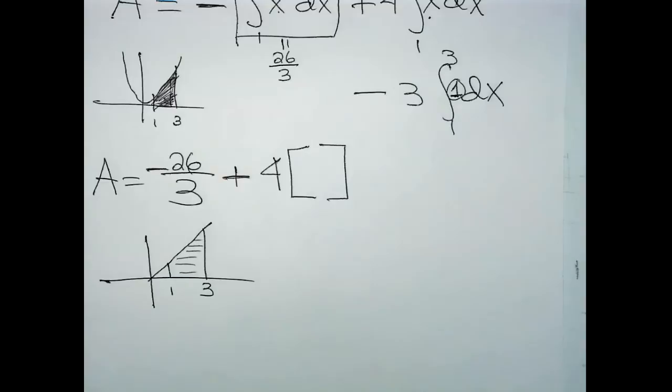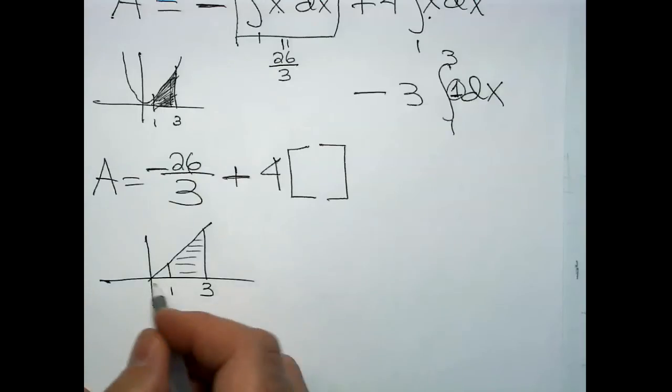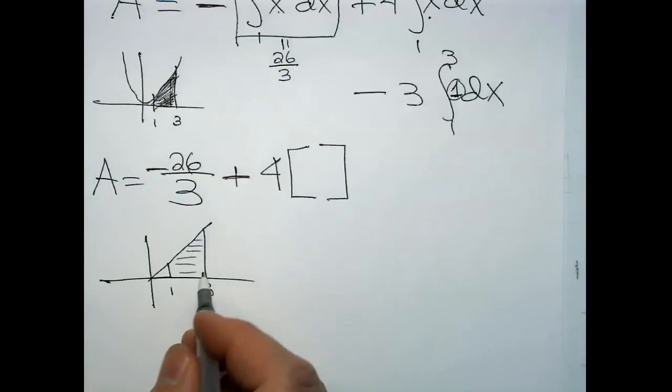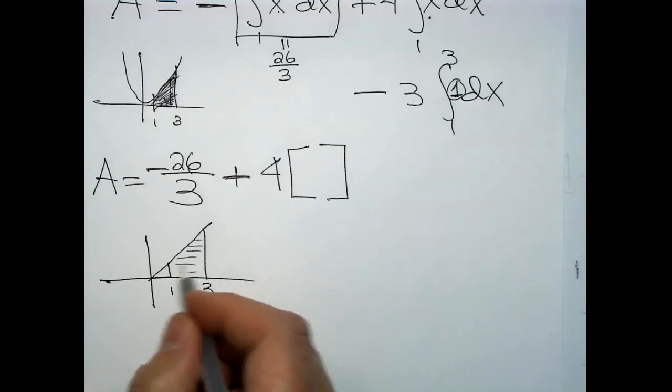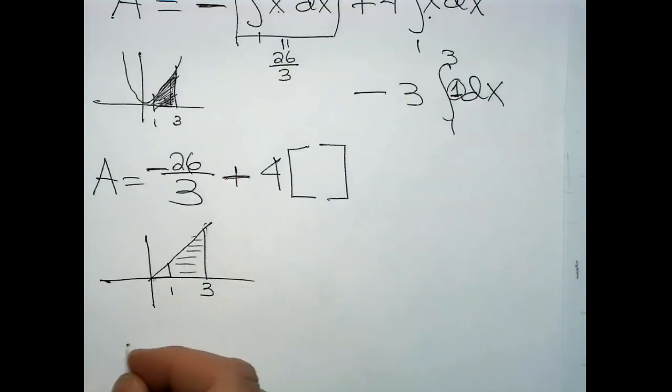Now that is a geometric object. You can get that area by either calculating the area of a trapezoid, or you could actually get the area of two triangles. I think that's probably an even better idea, since we might not have the trapezoidal formula available. So what I'm going to do is get the area of the big triangle.